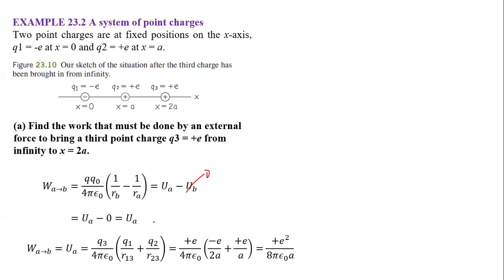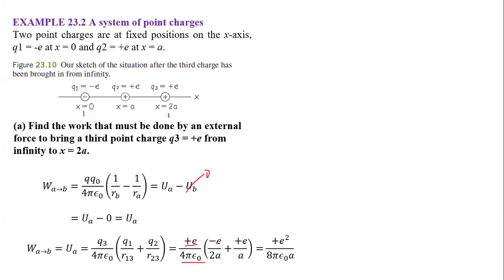So therefore, using the formula that we derived, the electric potential energy is equal to q sub 3 over 4 pi epsilon naught times the presence of q1, so q1 over r13, this distance here, plus q sub 2 over this distance here. The charge of q3 is positive e.